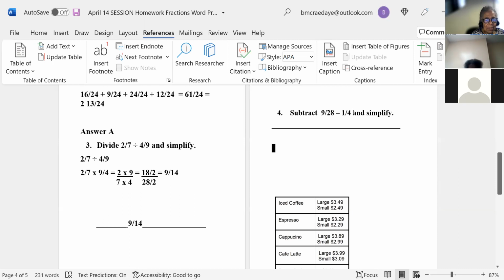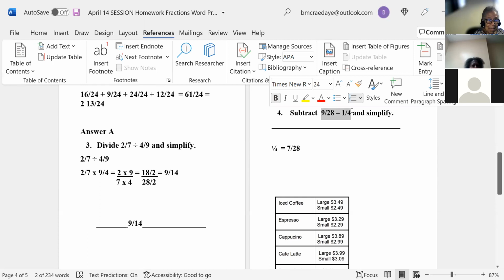So let's make 1/4 a number over 28. 1/4 would be equal to what number over 28? 4 into 28 is 7. So that would be 7 over 28. So this 9/28 minus 1/4 then becomes 9/28 minus 7/28, right?